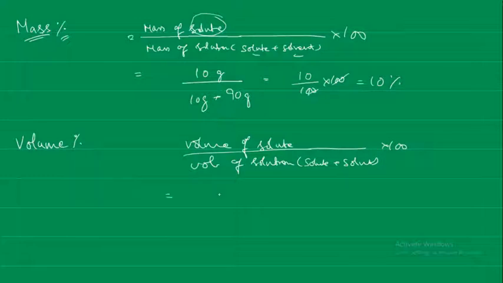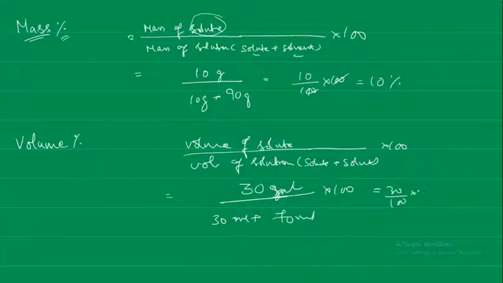So if 30 ml of alcohol is mixed in 70 ml of water, then how much will it come? 30 by 100 into 100, that is nothing but 30%. So it is very simple, we are just expressing the concentration as a percentage.